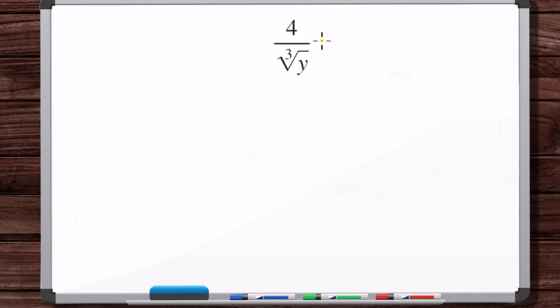Okay, here we can't multiply by the cube root of y over the cube root of y, because what is the cube root of y times the cube root of y? y to the 1/3 times y to the 1/3 is y to the 2/3. We still have a radical, right? We need to get an integer exponent. So what we need to multiply by is y to the 2/3, because 2/3 plus 1/3 is equal to 1.